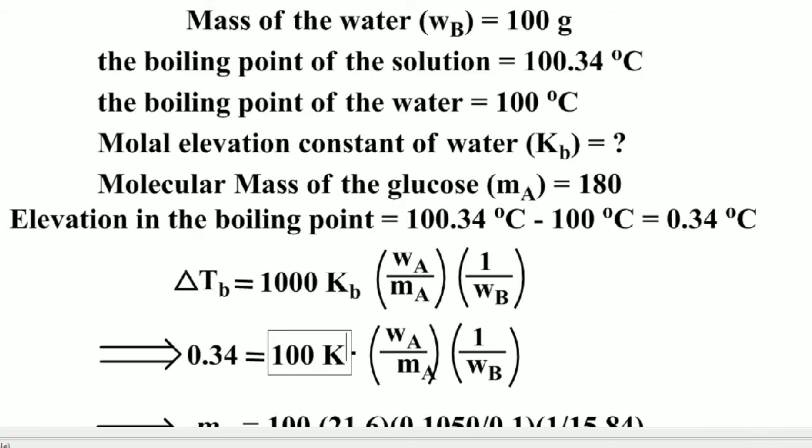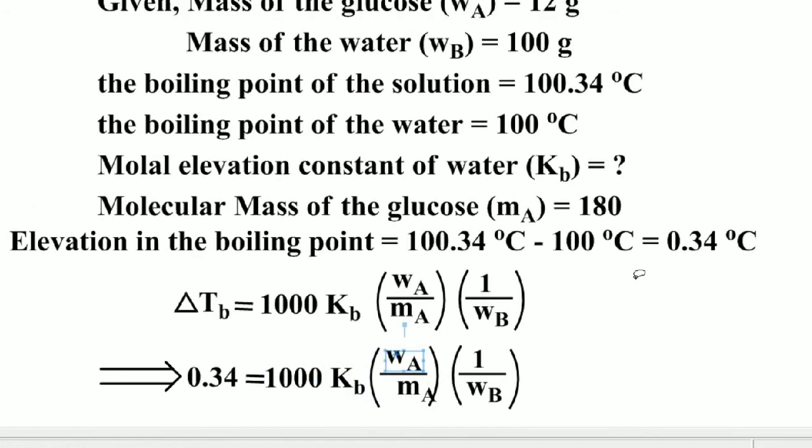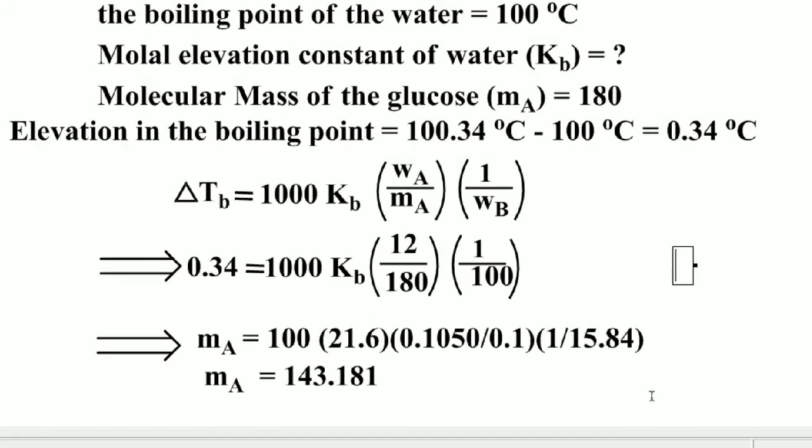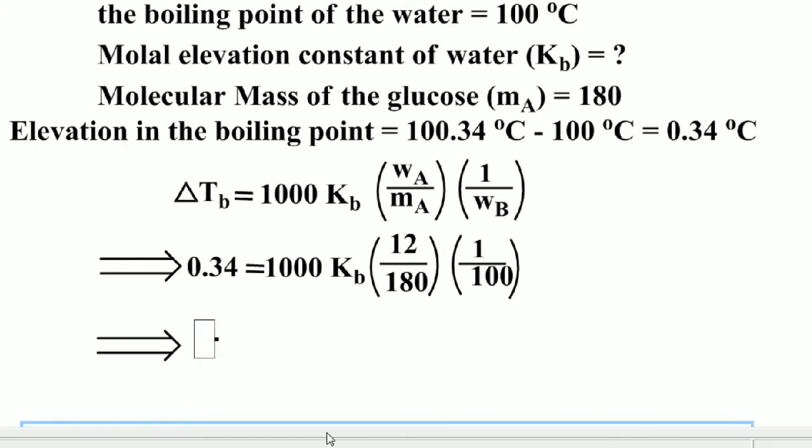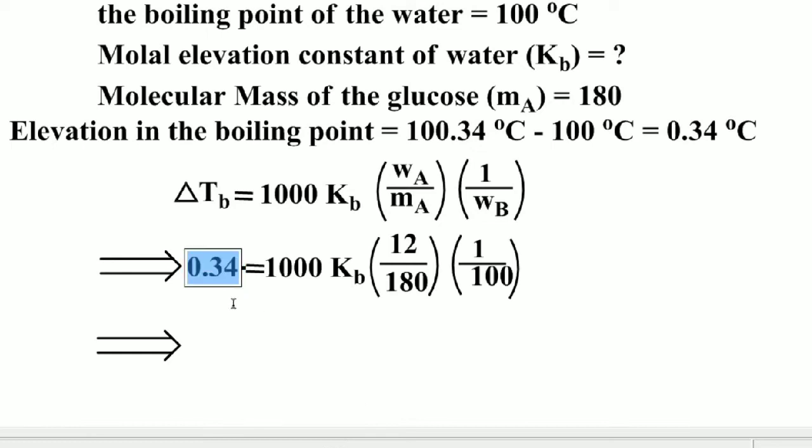So 0.34 is equal to 1000 into kb, and WA is given as 12 grams, and MA is given as 180 grams per mole, students. And WB, the weight of the water, is given as 100, 1 by 100. So students, now we can calculate the kb value.